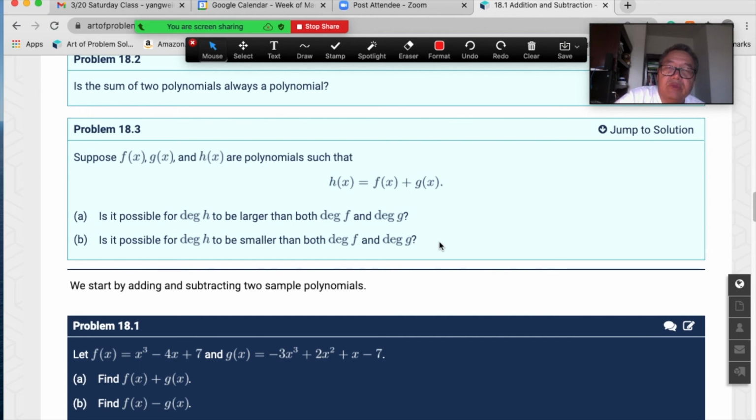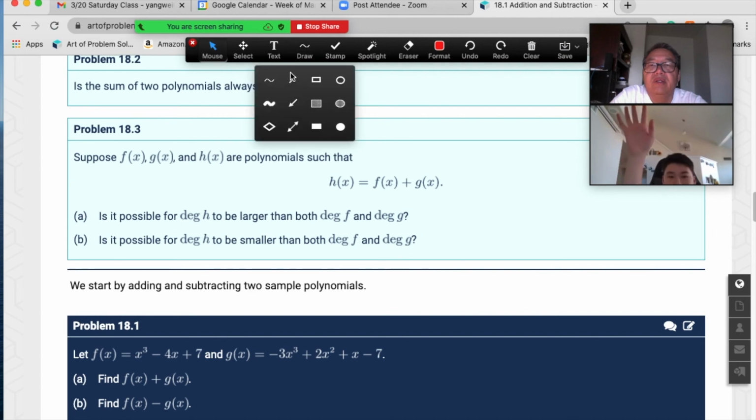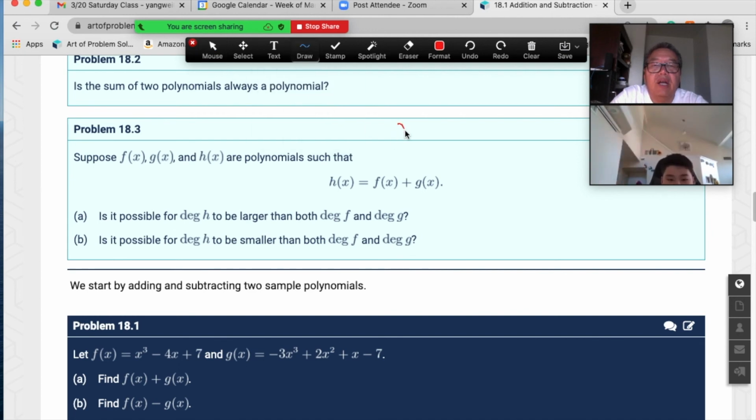Can you give me an example? If the degree of f and the degree of g are both positive, then, yeah. Can you give me an example? I'll give you an example.